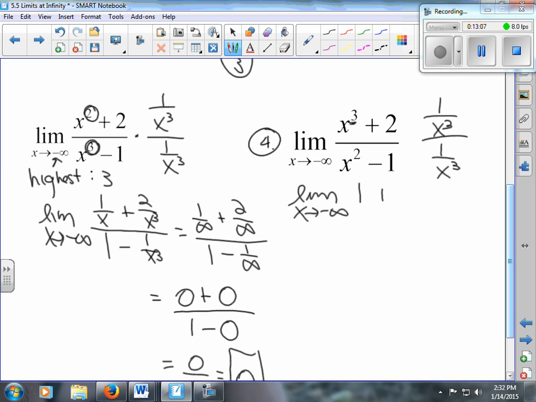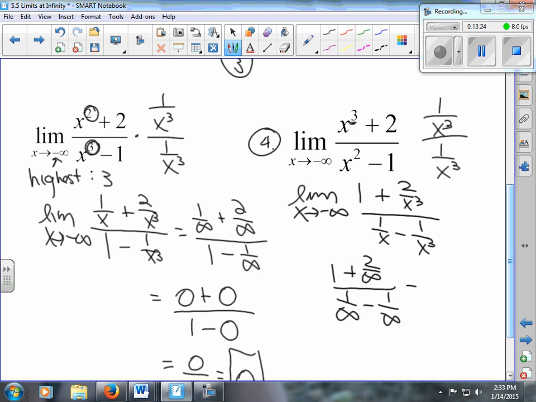And so I get 1 plus 2 over x to the third over 1 over x minus 1 over x to the third. I evaluate this at infinity. This is 1 plus 2 divided by infinity over 1 divided by infinity minus 1 divided by infinity. Because infinity to the third is still infinity. And so you get 1 plus 0 divided by 0 minus 0.